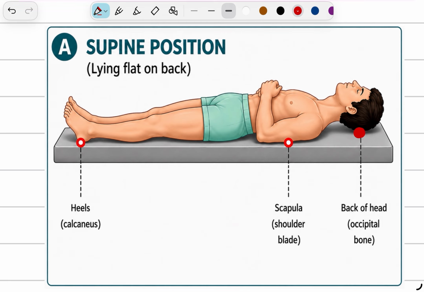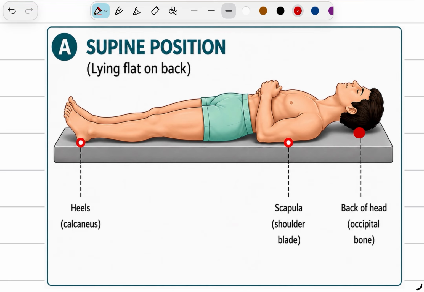Also the genitalia, knees, and toes, the phalanges. Are you understanding? Now, sir, in this, which one is the most common? Knees is the most common, and if the knees are not there, the ear is the most common. These are the two most common in prone position. They may ask you in the MCQs.